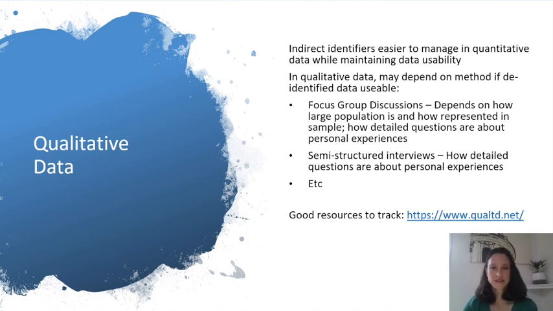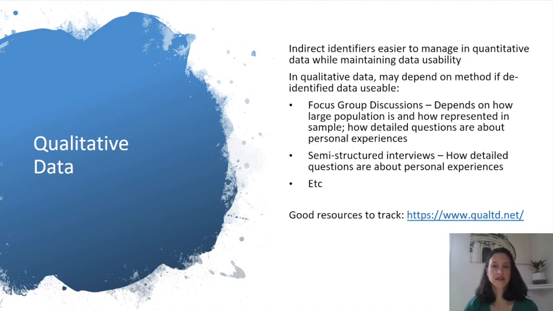So, qualitative data. I've been speaking mostly about quantitative data: household surveys, enterprise surveys, where the direct and indirect identifiers come from quantitative survey instruments and measurement tools. When it comes to data sharing and your research relies on qualitative data, I think we get into a thornier issue.